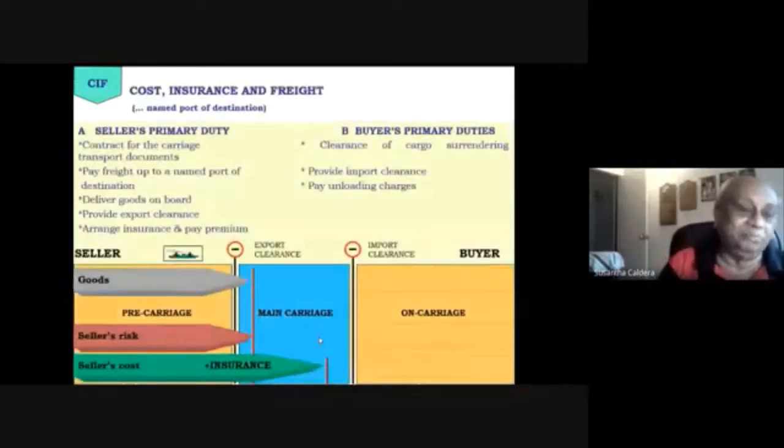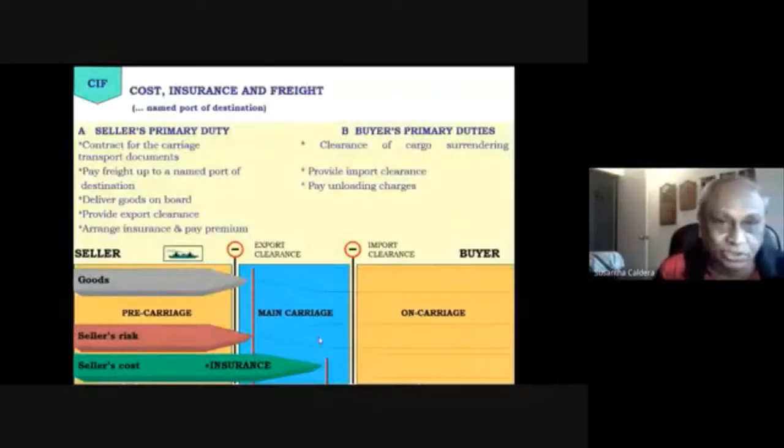Then CIF, another common one, cost insurance freight. Right?